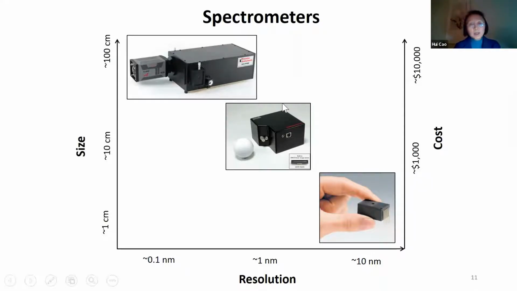Typically, if we want a spectrometer with high spectral resolution, it's usually bulky and also expensive. In recent years, there have been a lot of efforts to reduce the size and the cost of the spectrometer, but simultaneously the resolution also goes down, meaning that we cannot have very high spectral resolution.